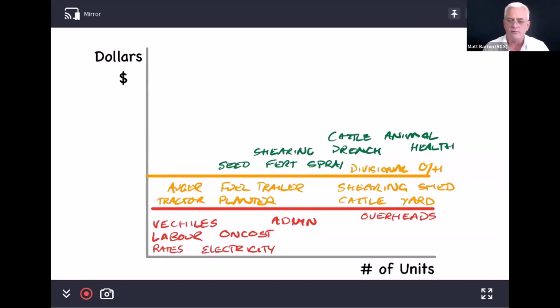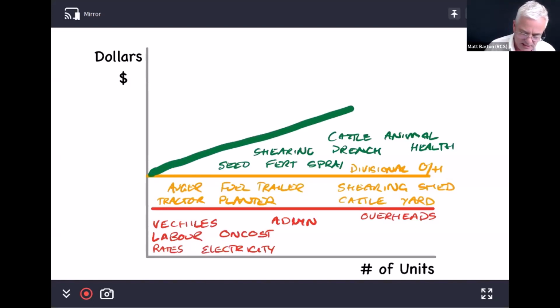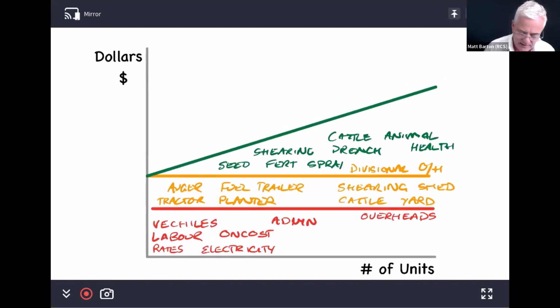Cattle animal health, also, is done per head. How many tags I need, whether I'm drenching them or backlining them. So these costs go up with the number of animals that we're carrying or the number of hectares that we're sowing. And we call these direct costs because they're directly associated with our production.